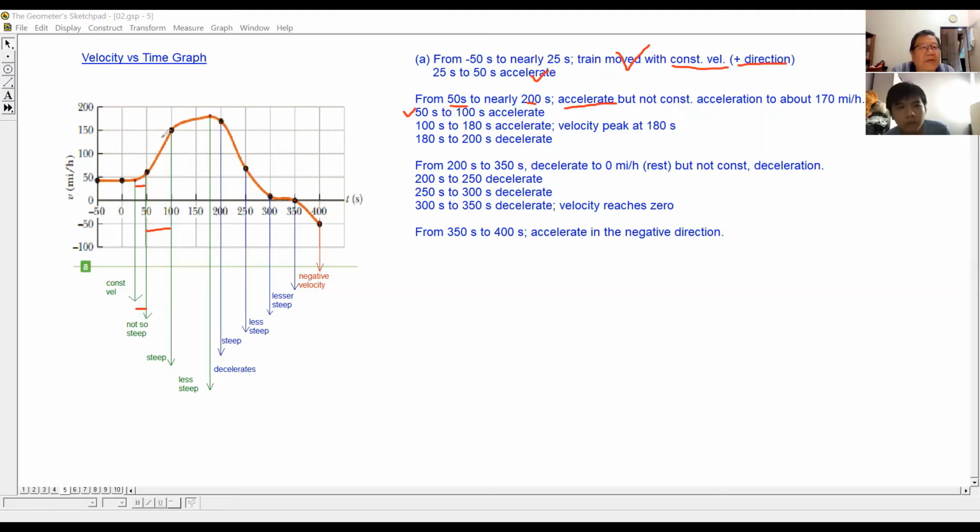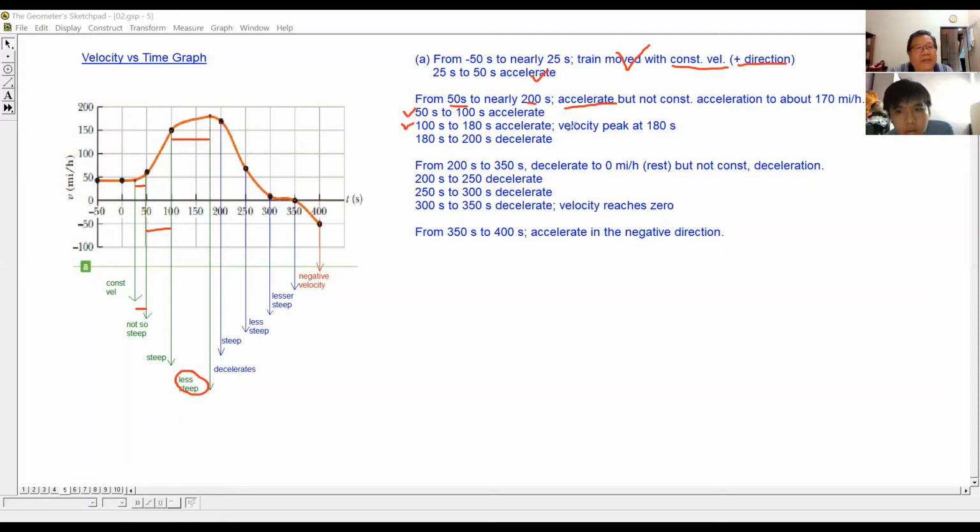Then from 100 to roughly 180, this part here. From 100 to 180, it is not so steep anymore. It is less steep. This part is very steep, then this part is less steep. So it's still accelerating, but not so fast.